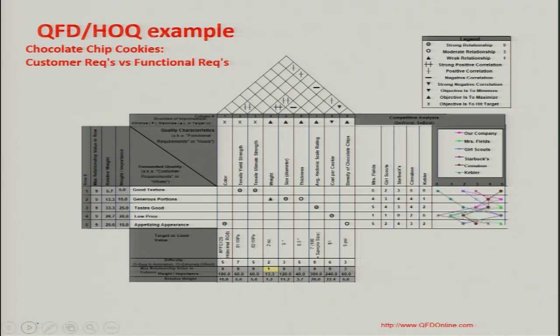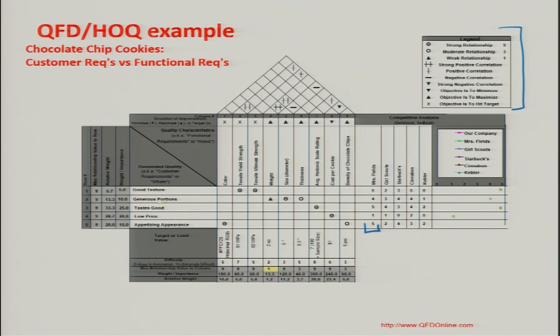Next, we have developed the flow chart for the competitors' rating. Let me develop one flow chart for you here. For instance, Mr. Fields, this is the first company that we are comparing with. The good texture is 5. So the first point is 5. Second, for generous portion it is 4. For the third one it is again 5. For low price it is 1.